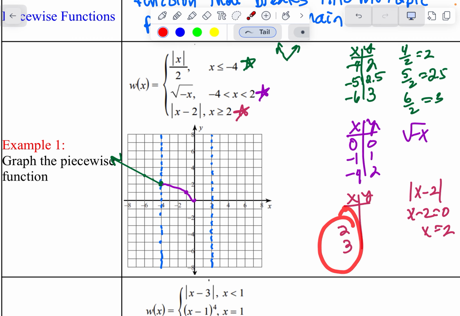So I can only plug in things that are greater than or equal to 2. And so plugging in 2 is good, plugging in 3 is good. If you wanted another value, you could plug in 4, it doesn't matter. If we plug in 2, we get 0. If we plug in 3, we get the absolute value of 1, which is 1.